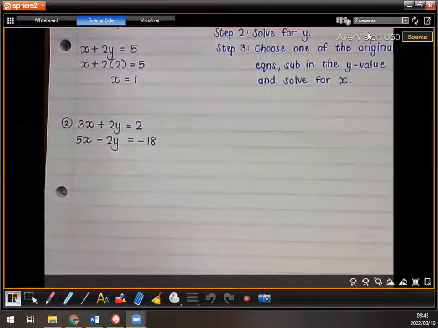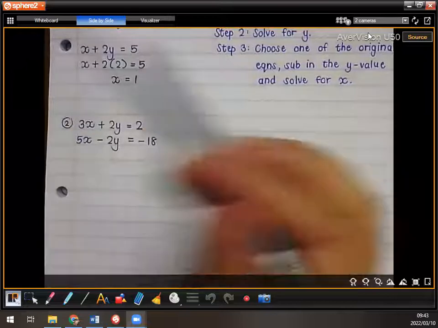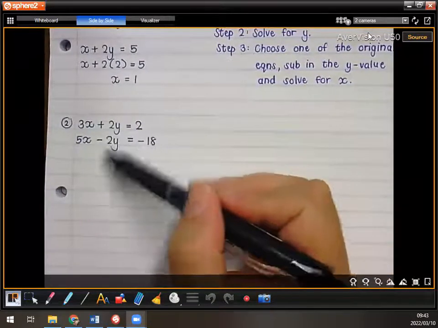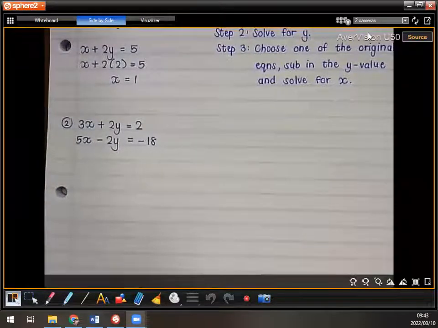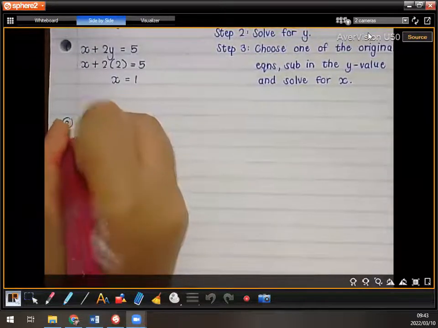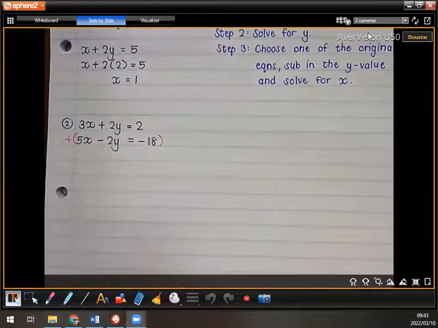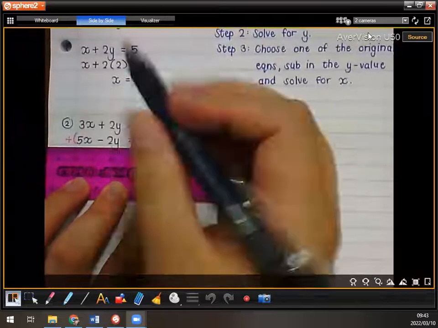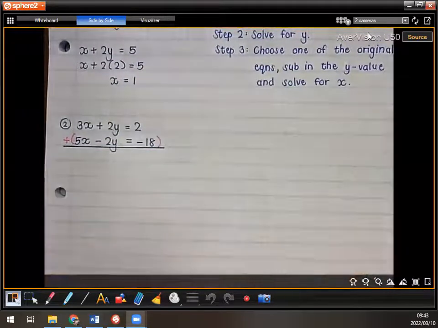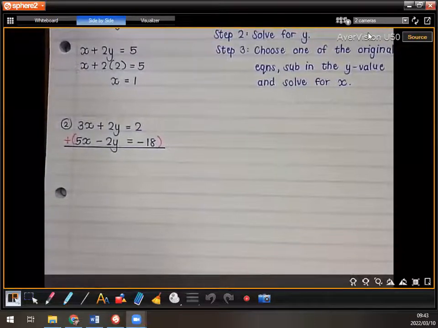Now, guys, if we're looking at those lines, right? Do we see that we don't have exactly the same coefficients, but we actually have coefficients that will cancel each other out anyway, right? 2y minus 2y is just going to be 0. So in that case, when the coefficients are already canceling each other out, we are essentially adding the second equation to the first one. 2y plus negative 2y.